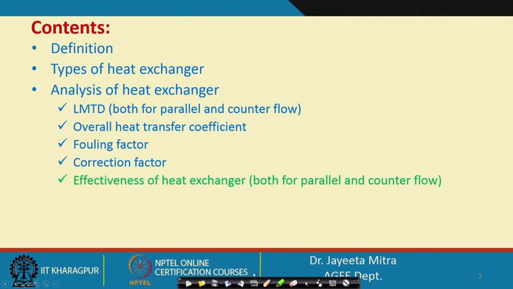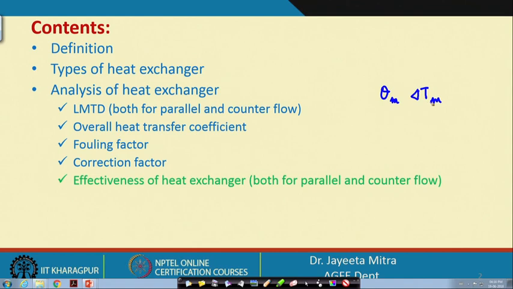If you remember the log mean temperature difference, we generally express this as theta m or delta T m, or in some books you may find this as delta T Lm. Its value is (theta 2 minus theta 1) by ln of (theta 2 by theta 1). You just have to remember the values of theta 1 and theta 2.